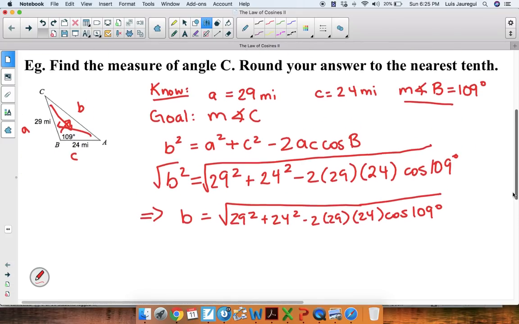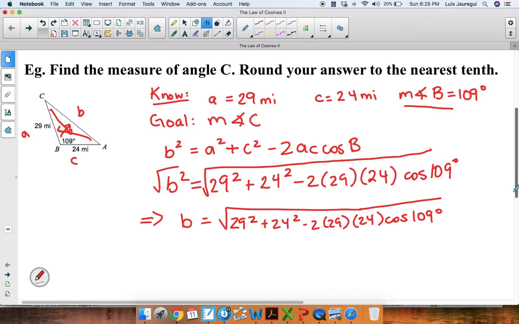But that is what we refer to as the exact solution. Based on the instructions, they want us to start rounding, so we're going to find an approximation rounded to the nearest tenth.